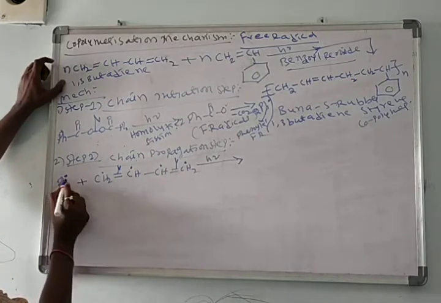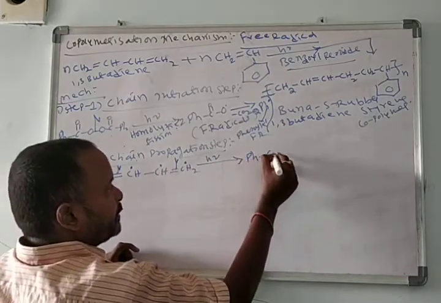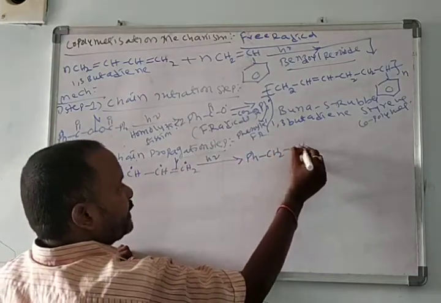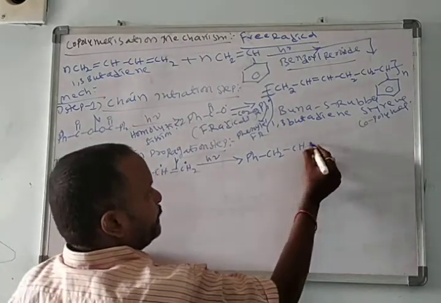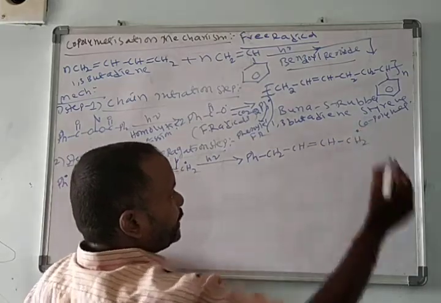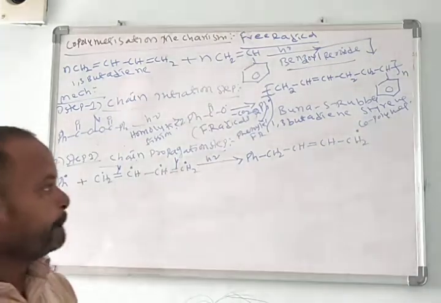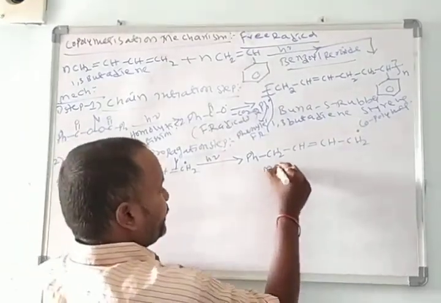This radical attaches to the phenyl group and forms Ph CH2 CH. Here a radical is there, and here also a radical is there. Both radicals form a double bond, CH CH2 dot. Here we get the monomer free radical.